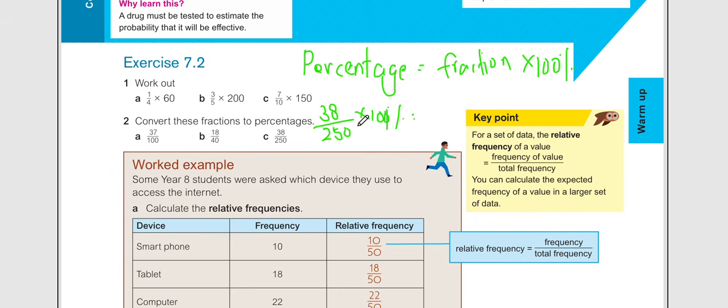So 1 0 and 1 0 I'm going to cut here. For 25, how many 5s are there? It's 5. Here there is 2. So 38 times 2 is how much? It's going to be 76.